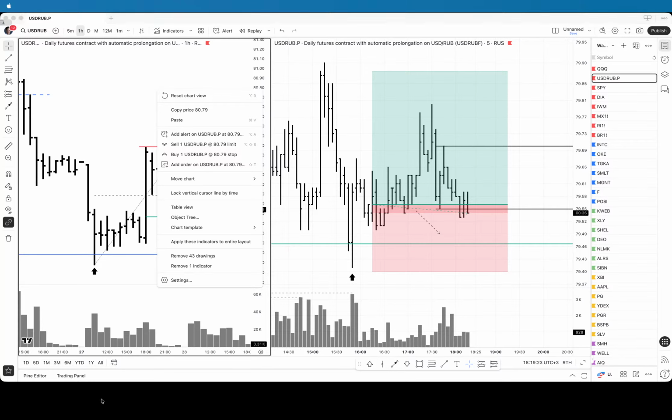Okay, let's Google it. Merge volume and price chart TradingView. You can use the move to tab. Indicator context menu.